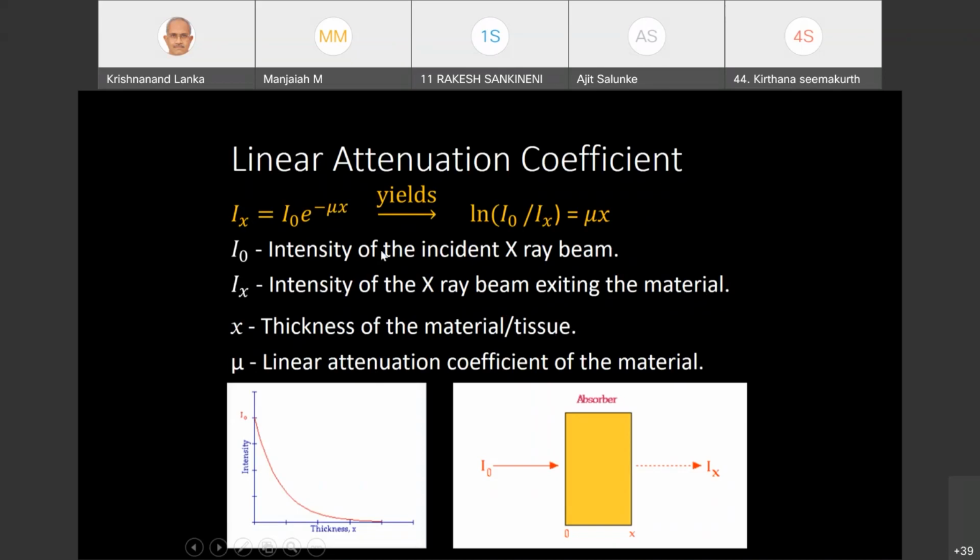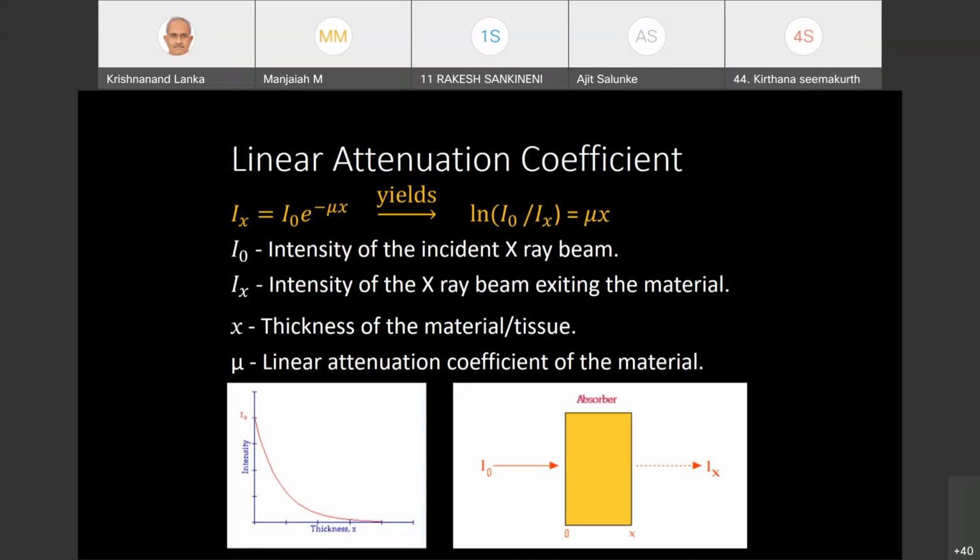So the X-ray beam exiting the material is a function of the incident ray as well as the thickness and the linear attenuation coefficient of the material. And this linear attenuation coefficient depends on the characteristics of the material through which it passes. Unfortunately or fortunately, human muscle is not a homogeneous material.